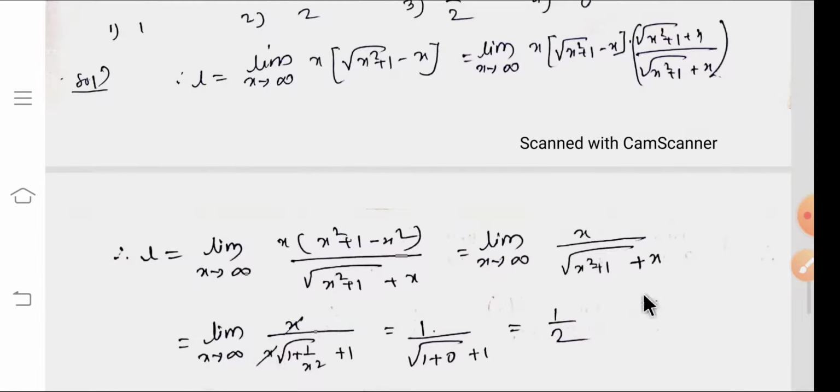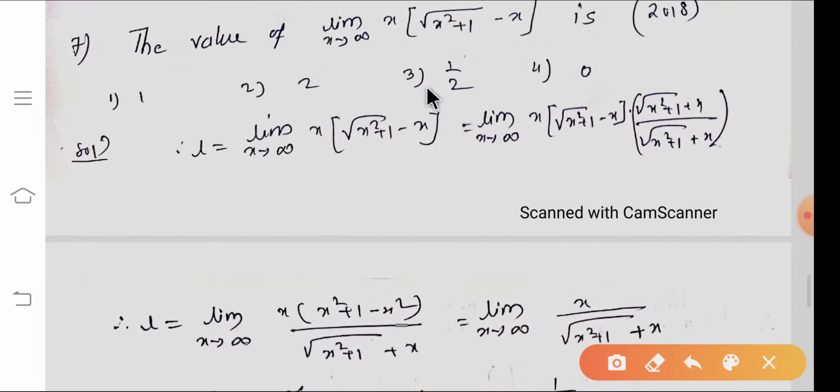Now in the denominator we take x as a common term outside: limit of x tends to infinity x upon x into bracket root of 1 plus 1 by x square plus 1. Now as x tends to infinity, 1 by infinity is 0, numerator x gets cancelled, 1 upon root of 1 plus 0 plus 1, that is 1 upon root 1 plus 1, that is 1 by 2. So therefore the third option is the right option.